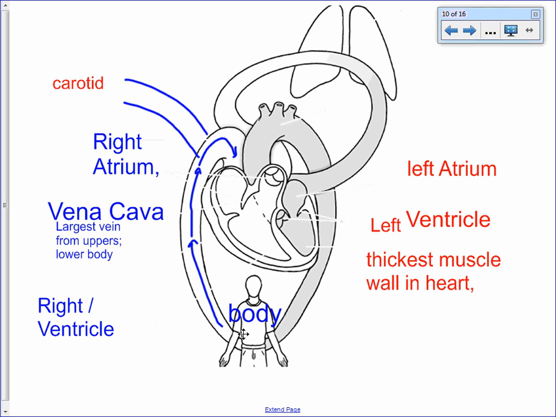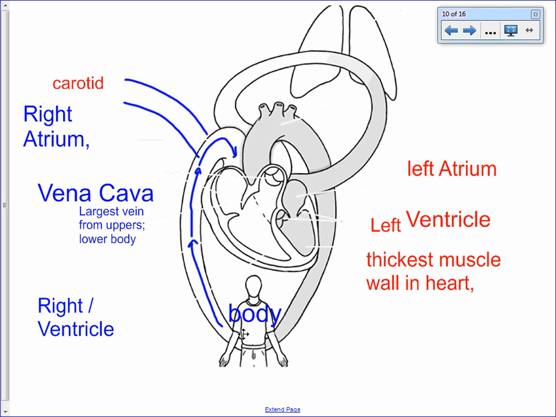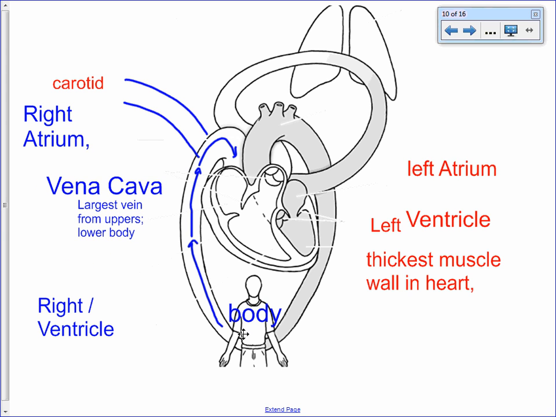This is called the vena cava, which is the largest vein from the upper and lower portions of the body. So vena is the vein. Vena cava goes into the heart. And as it comes into the heart with oxygen poor blood, it goes into the right atrium. So right atrium is here.